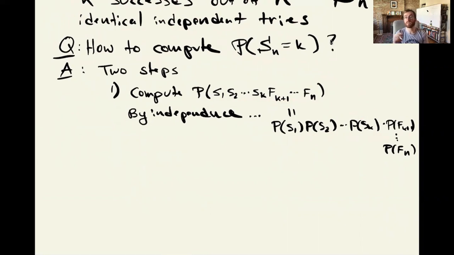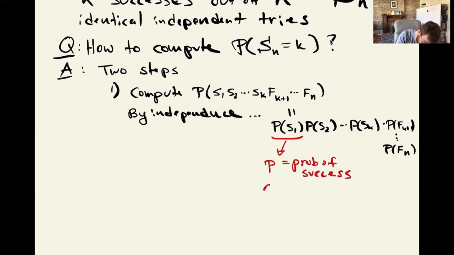But since both of those are the only options, success or failure, they need to add up to 1. So let's use some notation here. We're going to call the probability of success P, and we're going to call the probability of failure Q.